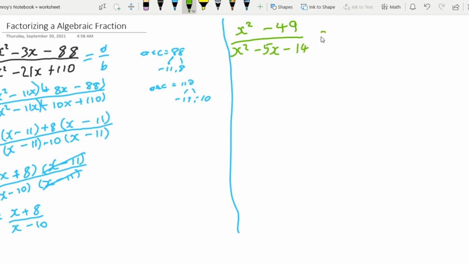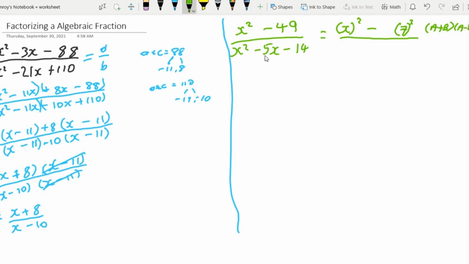At the top, that is a difference of squares, in which we have x squared minus 7 squared. I know the formula says that a squared minus b squared is equal to bracket a plus b, bracket a minus b.